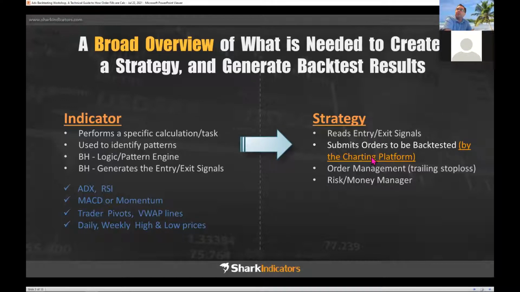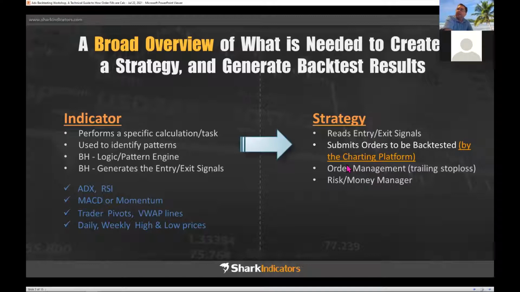And so the charting platform is tracking the entry price and the exit price, and from that you can easily calculate whether it was a profit or a loss for that individual trade. So again, the strategy is not tracking the entry and exit prices to calculate the P&L, it's the charting platform itself.